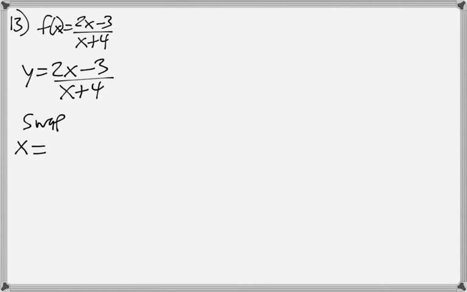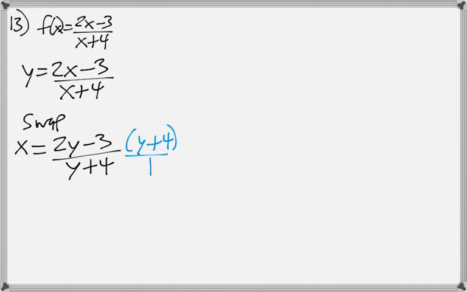So I have x is equal to (2y minus 3) over (y plus 4). I'm trying to get y by itself, and I don't want the y's in the denominator here. So I do want to multiply by y plus 4 on both sides.